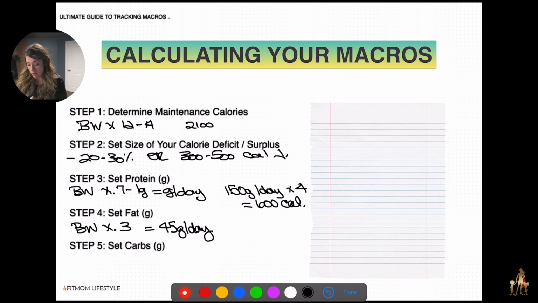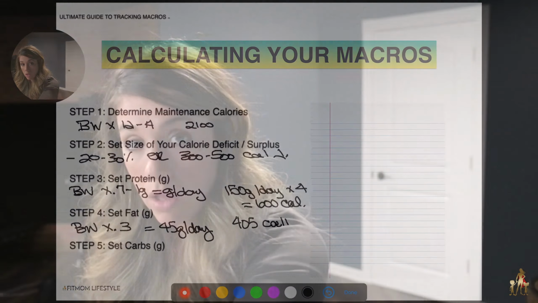45 times 9, because we know that for fats, each gram is 9 calories. That is 405 calories. Okay, so now from my 1,000 calories that I had left after I hit my protein goal, I have 150 grams of protein and 45 grams of fats.